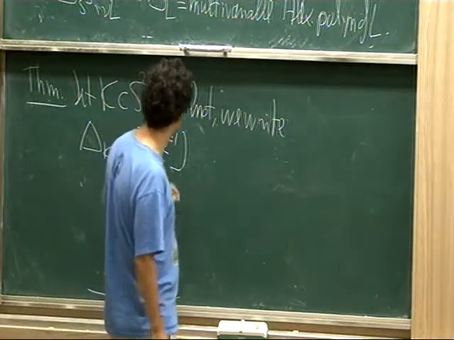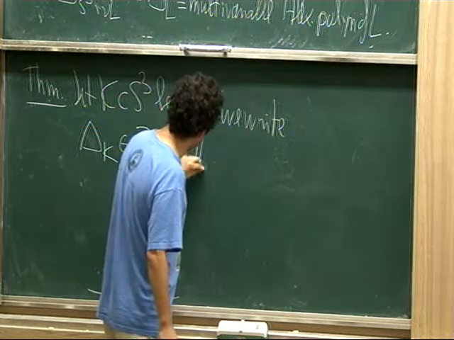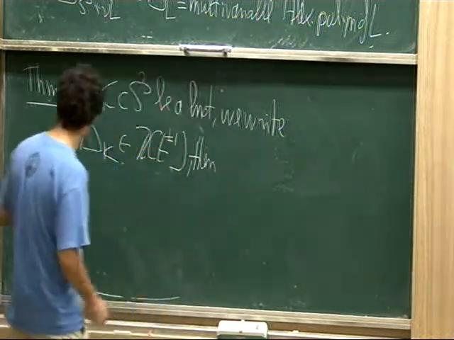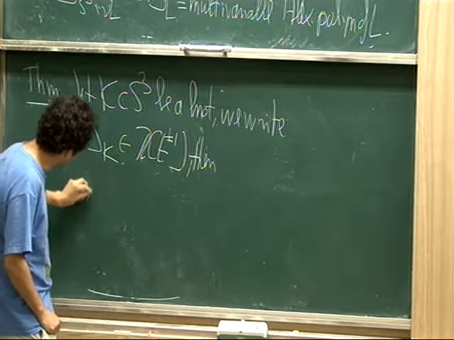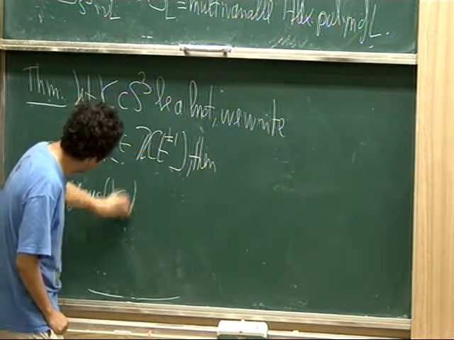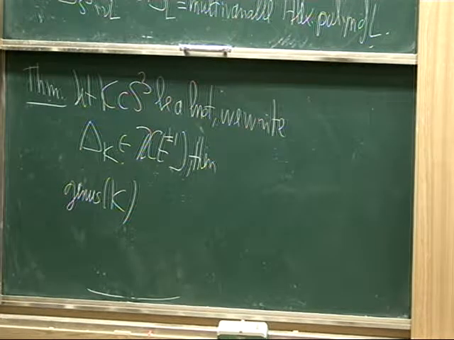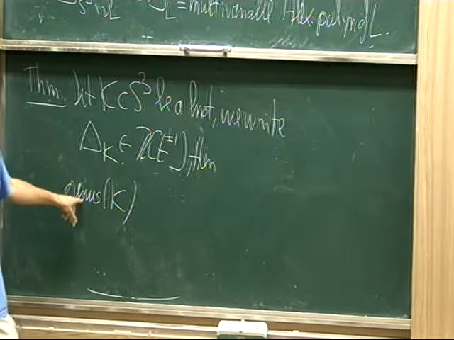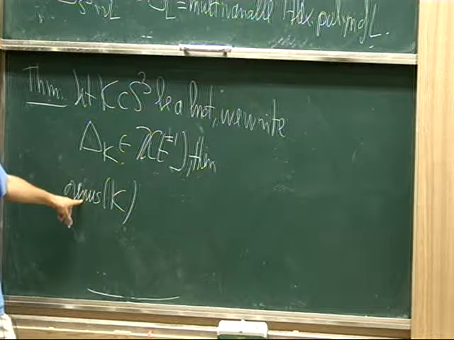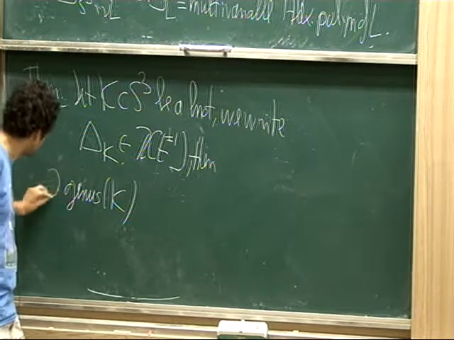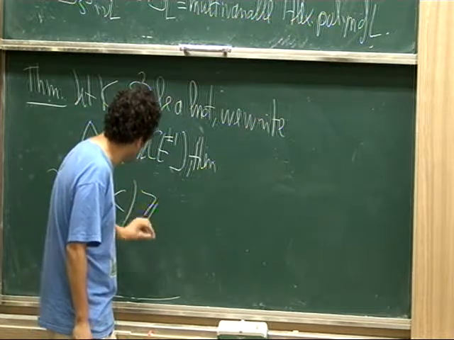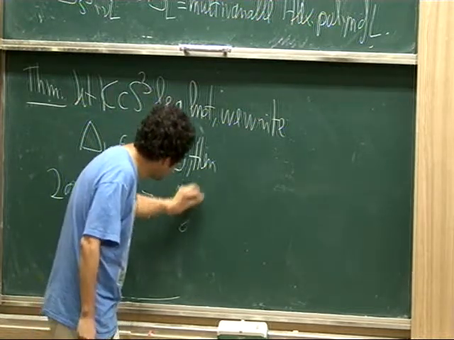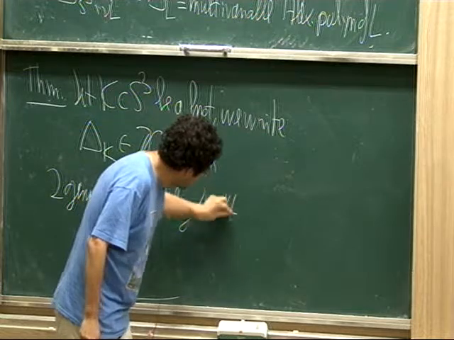And then you get that the genus of K, remember that's the minimal genus of a Seifert surface bounding the knot K, satisfies: twice the genus is greater than or equal to the degree of the Alexander polynomial.